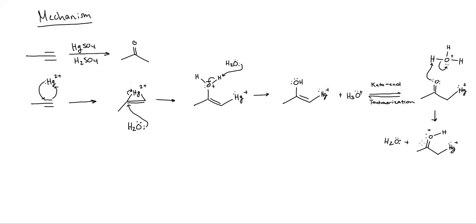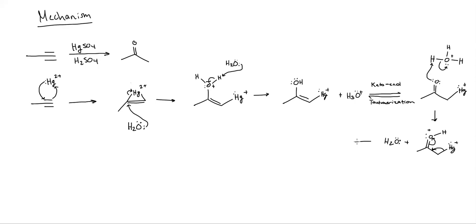Okay. So now this protonated carbonyl, what's going to happen is we're trying to get rid of this mercury. Okay. We're trying to make sure that this mercury is gone eventually. So what's going to happen is this bond here is going to go here to form a double bond. Okay. So we're going to form a double bond there. And then these electrons here, that were originally in this double bond, are going to go up here onto this oxygen.